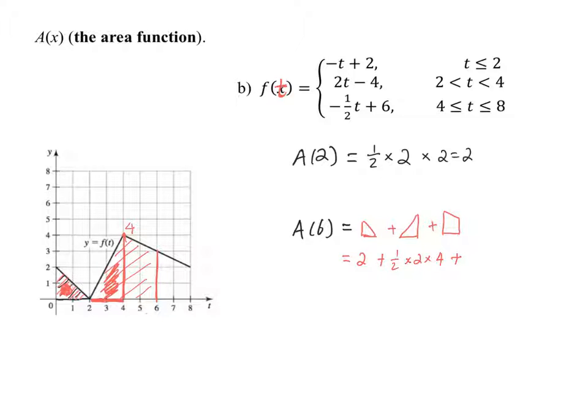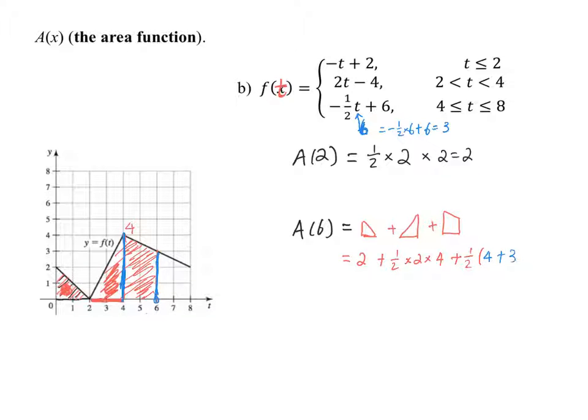Now lastly, we find the area of this trapezoid. The formula for a trapezoid is 1/2 times base 1, which is 4, plus base 2, which is this guy. This is when x is equal to 6. When t is equal to 6, I'm sorry, I keep using x, I'm so used to x. So when t is 6, do a little algebra here: 1/2 times 6 plus 6, which is equal to 3.